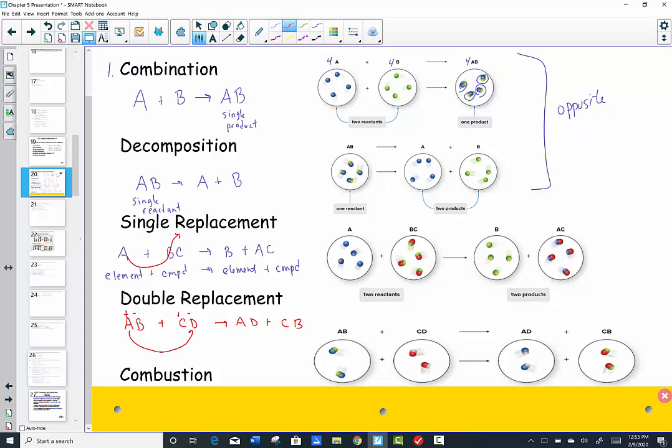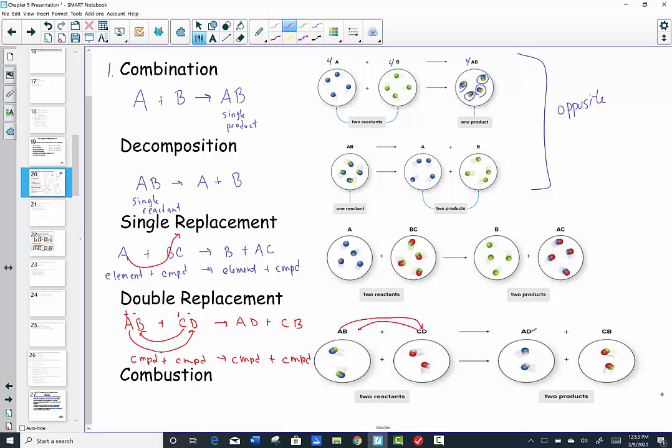So A goes to D, C goes to B. A compound reacting with a compound, forming 2 new compounds. The 2 positives exchanged partners. A then combined with D, and C combined with B to form 2 new compounds, a double replacement.